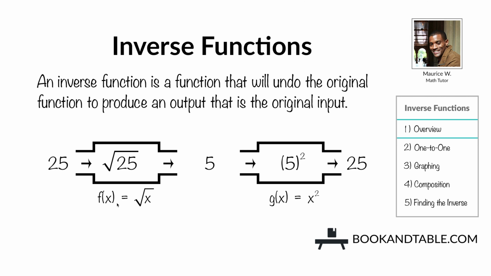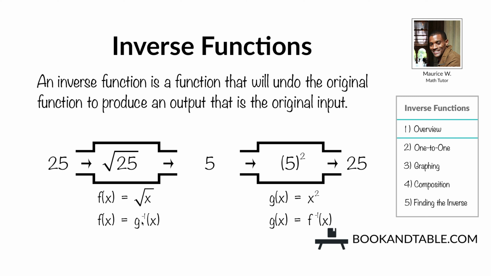So f of x equal to the square root of x could represent this function. And the second function, g of x, would be equal to x squared. And we see that g of x and f of x would undo each other. Another way we could represent this is f of x is equal to the inverse of g of x.